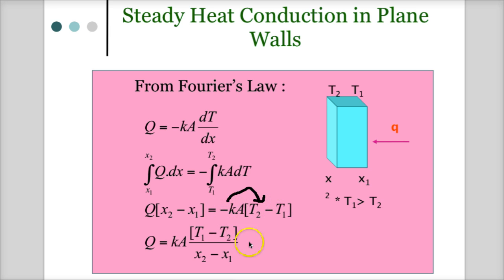Because the minus goes inside, just to cancel out the minus. That's the equation for plane wall.